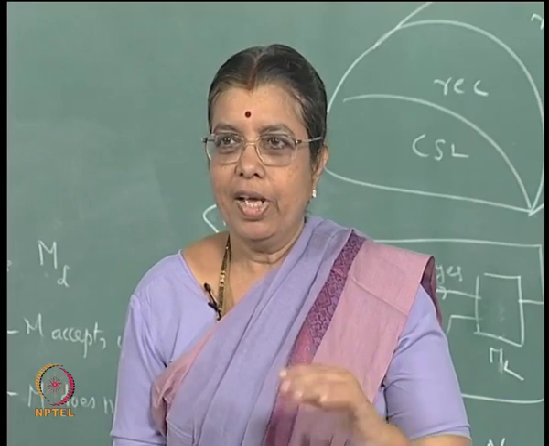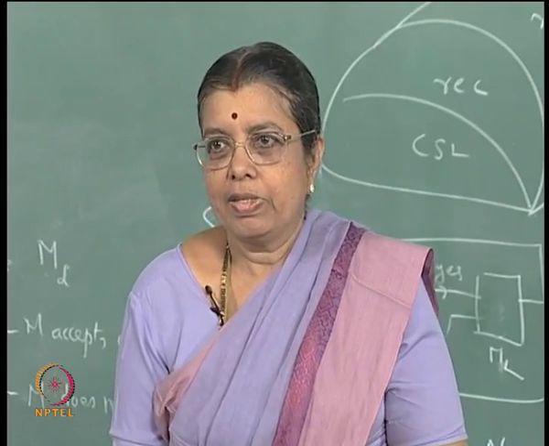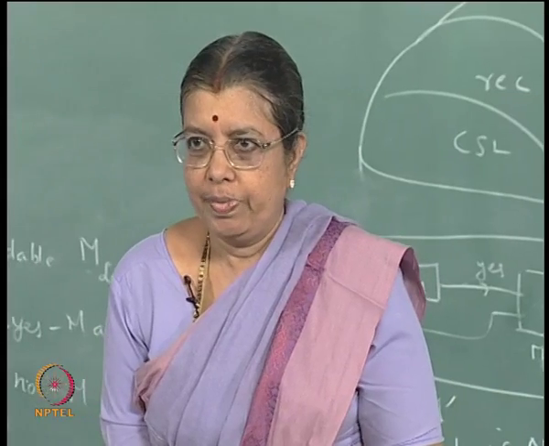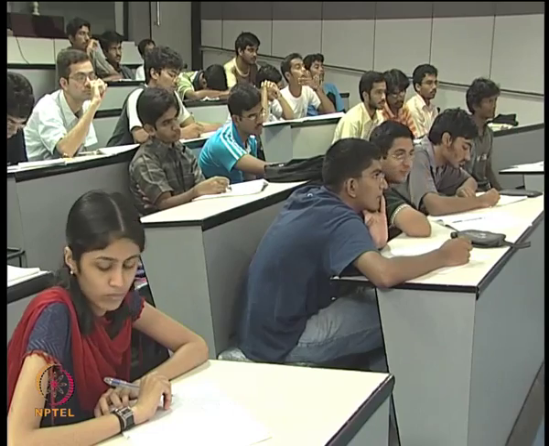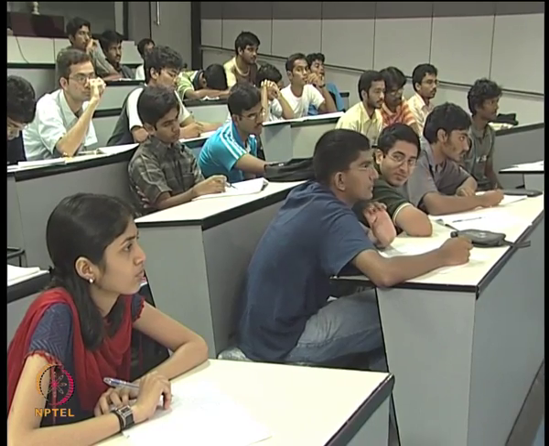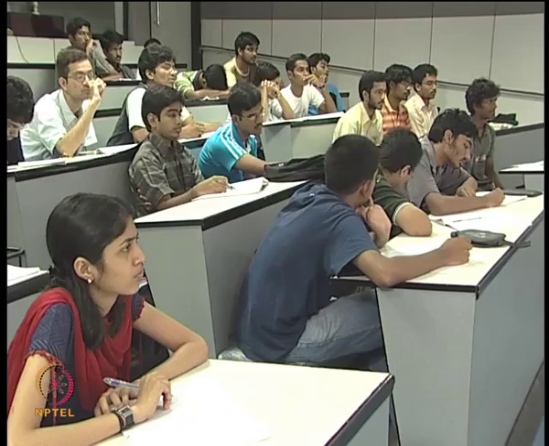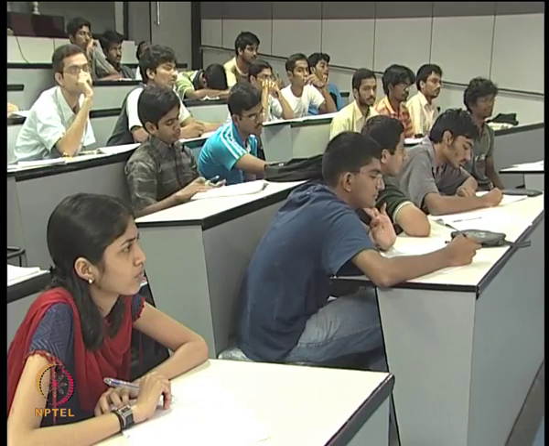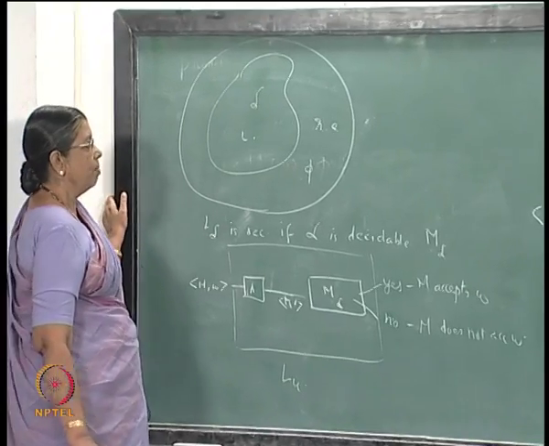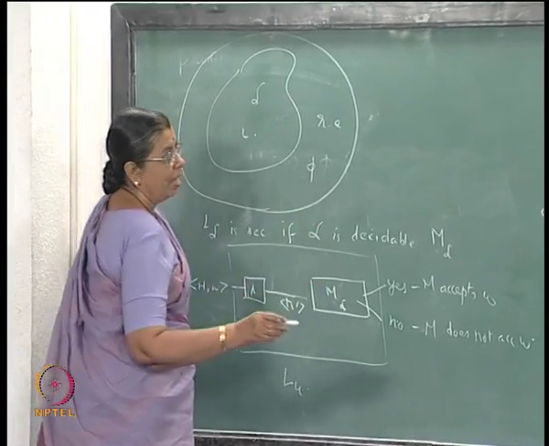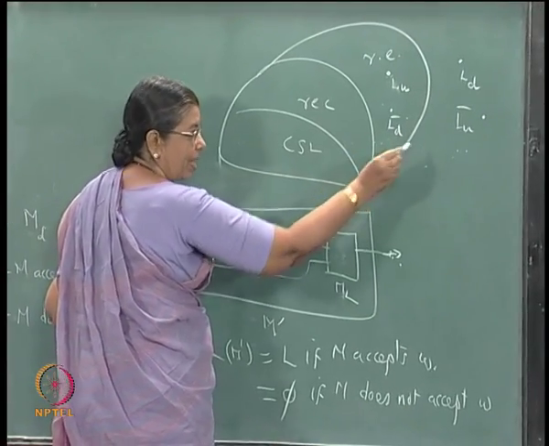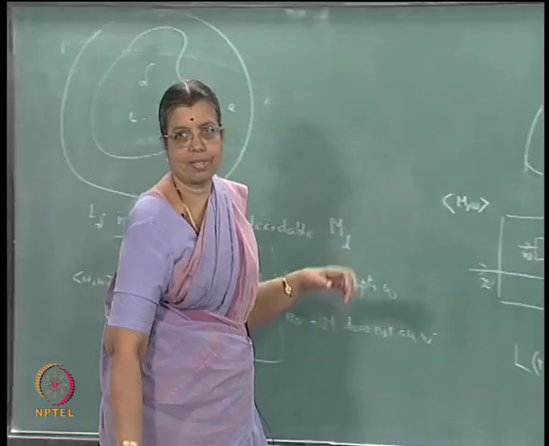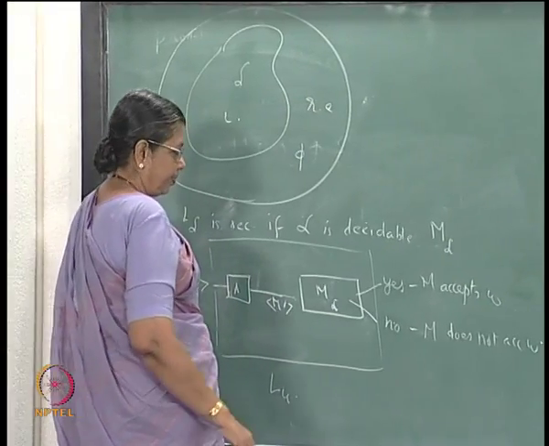That is why I said you have to be very clear as to what you want to prove. We know that LS is not recursive, but under what condition it is recursively enumerable, that is another theorem. Under what condition it is not even recursively enumerable, that you can find out.